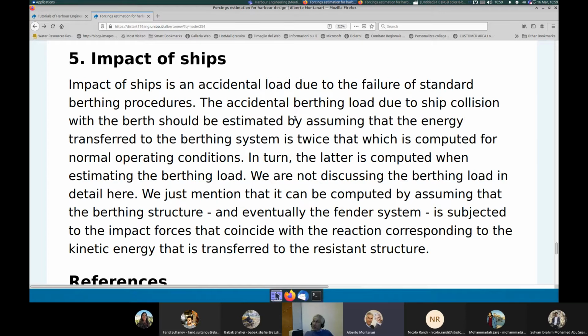Overall, we completed this lecture on the estimation of mooring forcing. We discussed wind forcing, wave forcing, current forcing, and impact. Unfortunately, the whole process is usually managed by using empirical relationships.